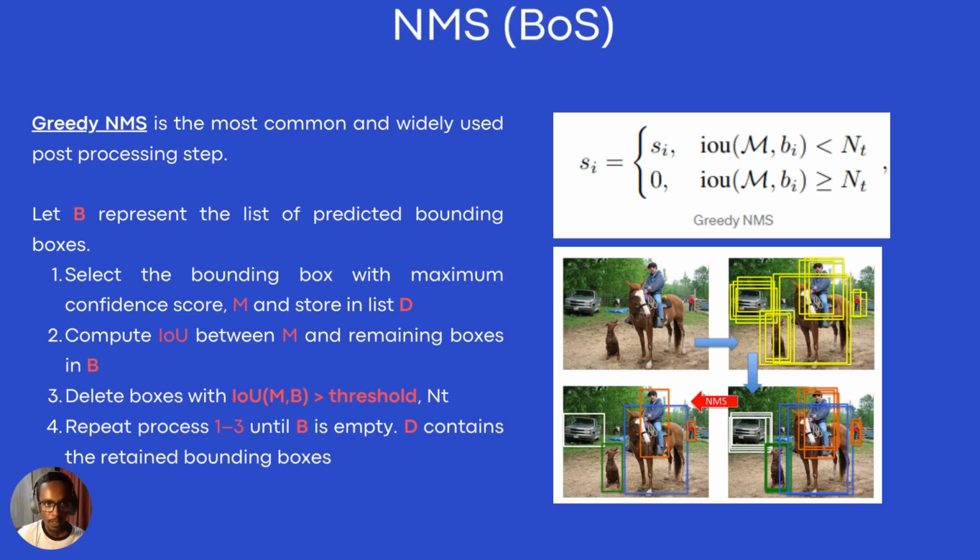Next, we're going to talk about non-maximum suppression, which is included in the bag of specials. The normal non-maximum suppression that we have seen in the previous video was the greedy NMS, and it's the most common and widely used post-processing step. So we used the algorithm: let B represent the list of predicted bounding boxes.